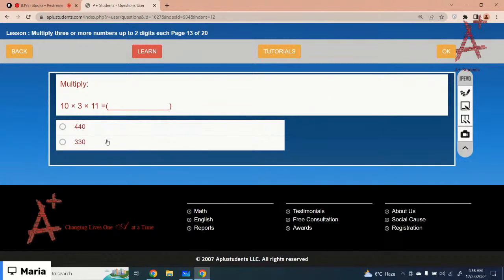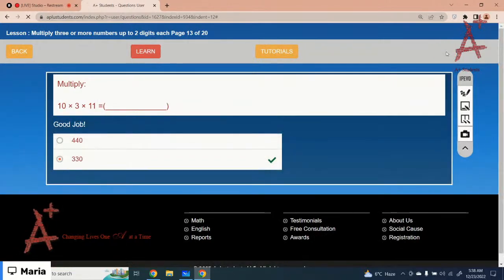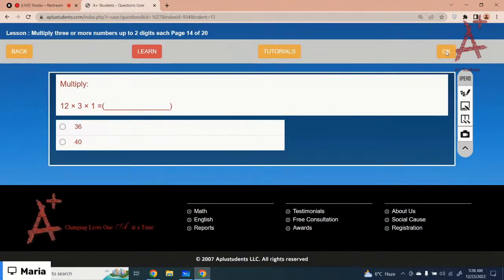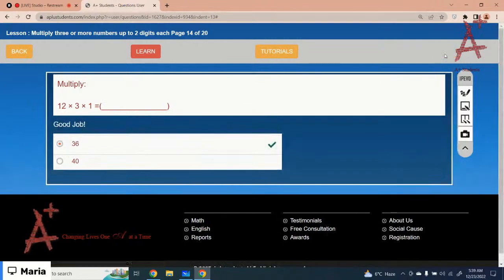So just select the correct option then click on the OK button. 12 times 3 is 36 and 36 times 1 is 36. Got it? So the correct option is 36. Just select the correct option and click on the OK button.